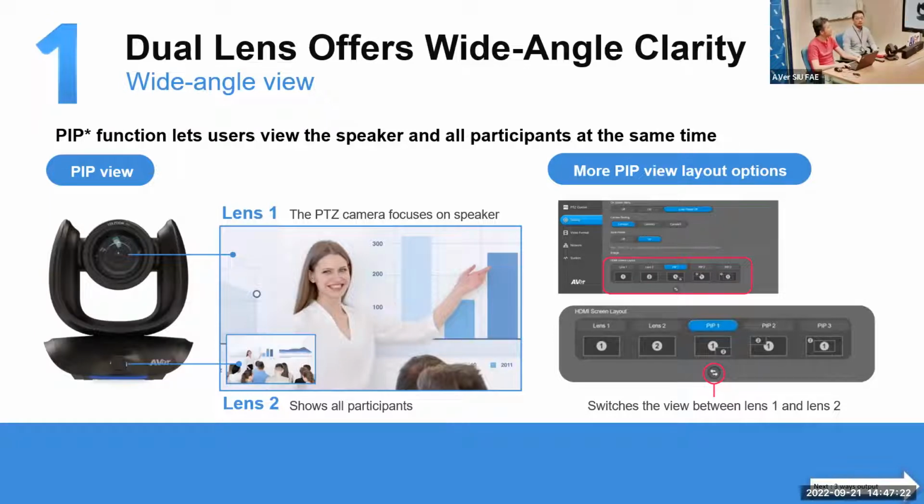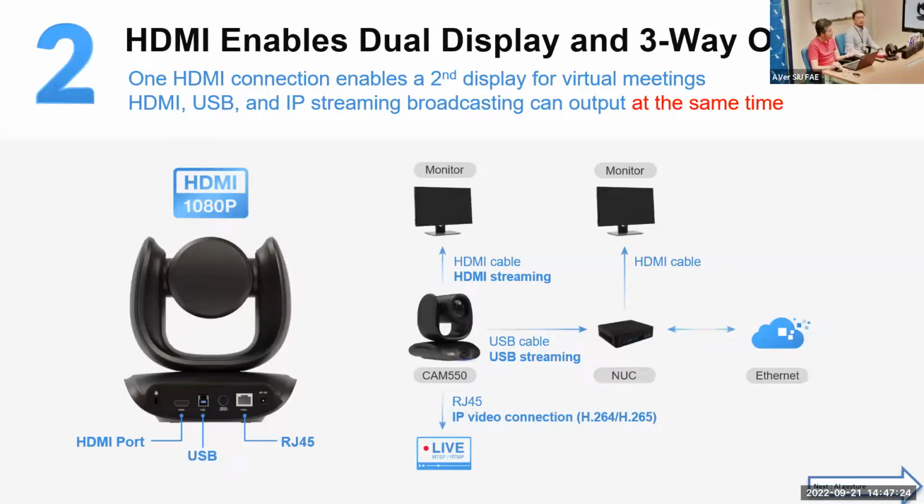Okay, from this page, our CAM550 can support three-way output at the same time. From the interface, we have HDMI, a USB-B port, and we support RS232.